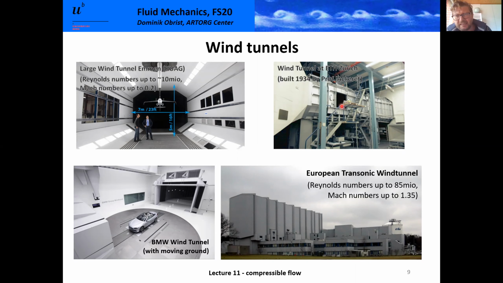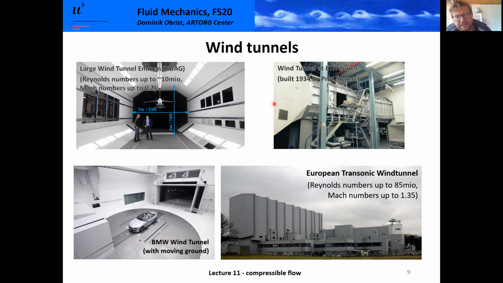You can also see that its test section, this test section here, it's not quite as large as the one in Ruhr and in Emmen, but it's already quite a sizable wind tunnel. And just for you to understand that, this test section is only the smallest part of the whole wind tunnel.